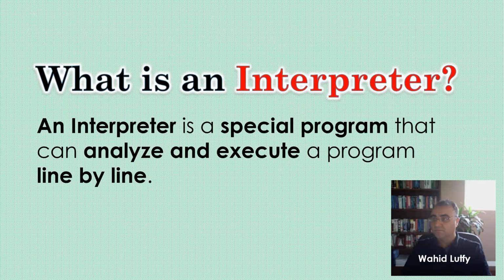Semantic errors will not be caught at compile time or interpreter time in this case, and that would have to be checked at runtime. So the syntax will be checked at the interpreter level, and at the same time it will analyze it. If it is good, it will execute it. If it's not good, it will throw an error until you fix that line, and then it goes to the next line. That's what an interpreter is.